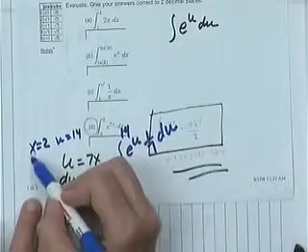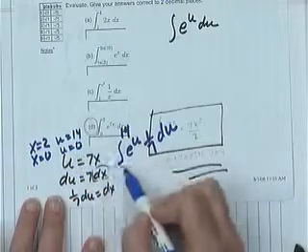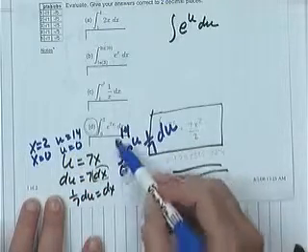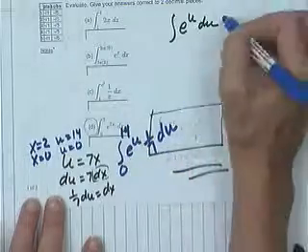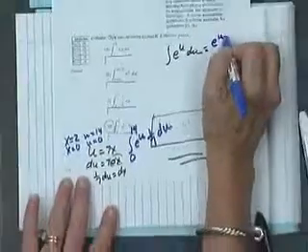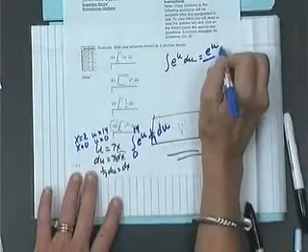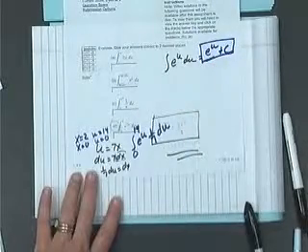When x is equal to 0, u is equal to 0. Now we're integrating from 0 to 14, e to the u, 1/7 du. What's the formula if you integrate e to the u du? It's just e to the u plus c.